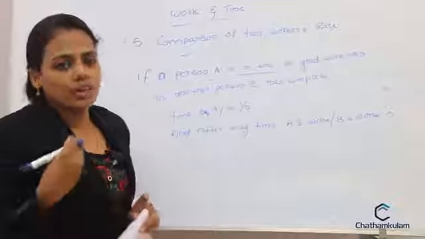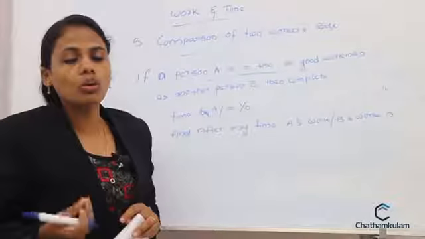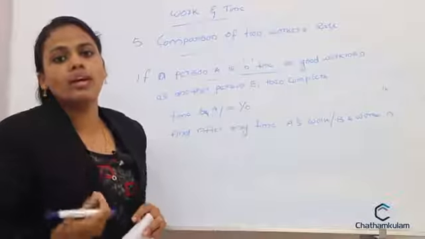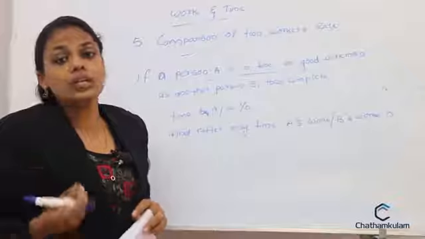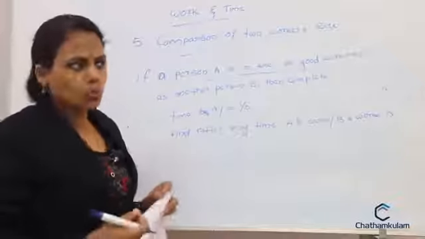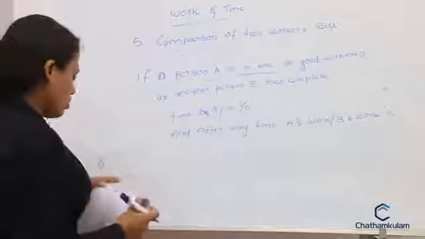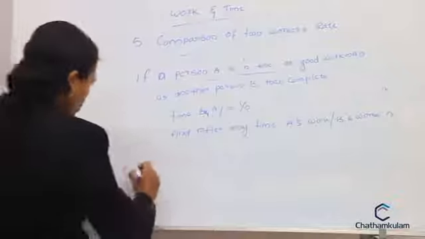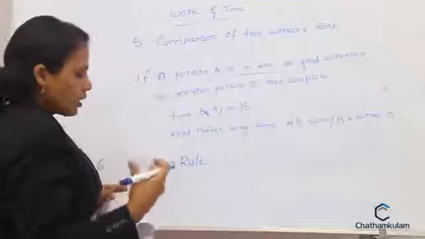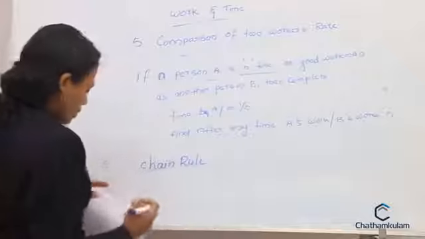We need to know the common rules for an easy way of calculating these problems. It is simple. And the sixth one is the chain rule. In this chain rule a symbol-like equation is there.